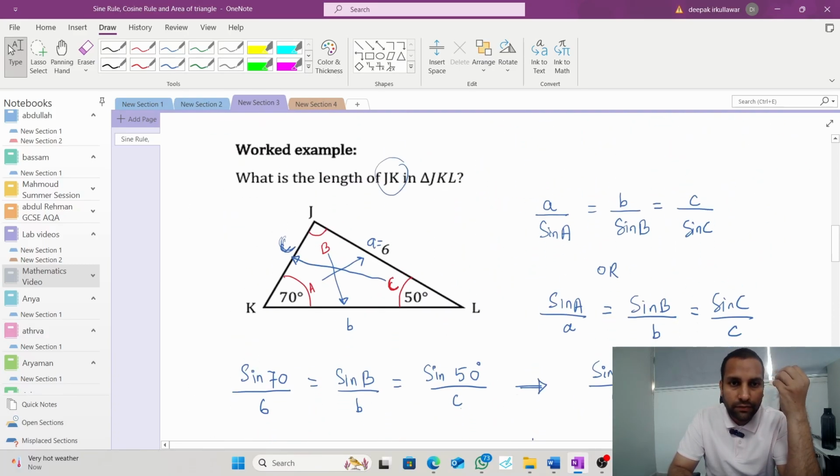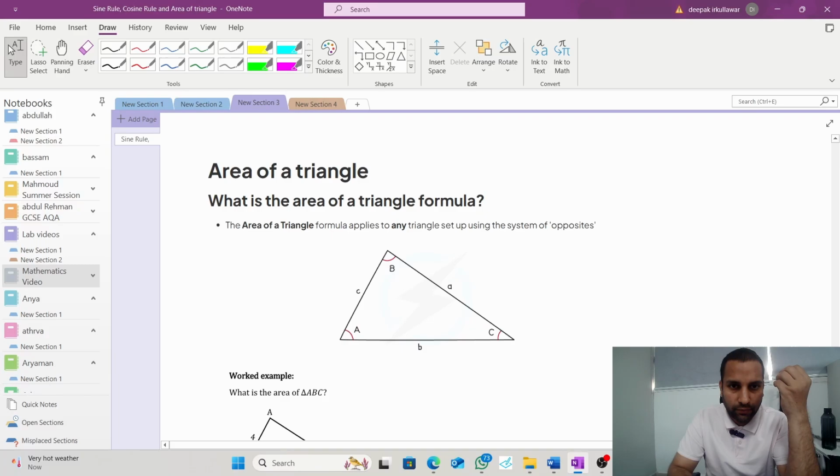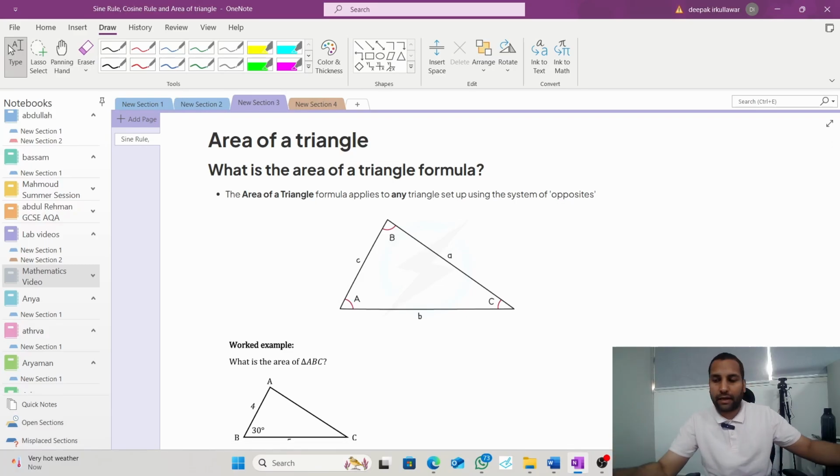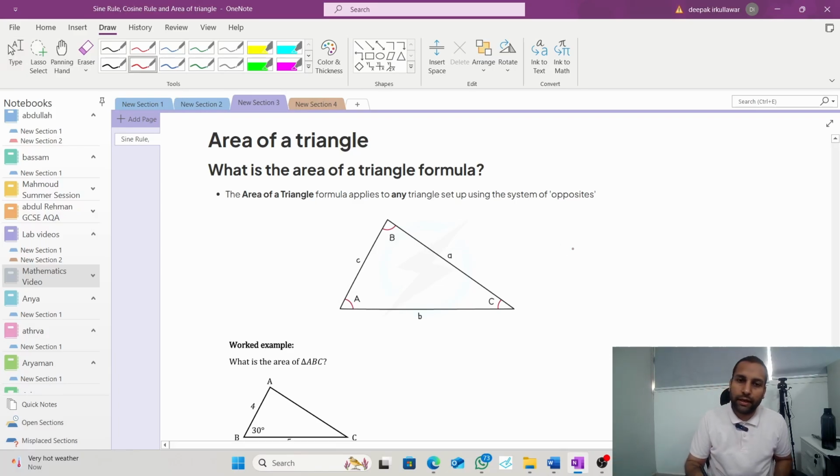Once you are done with sine rule and cosine rule, there is one more formula which is known as area of a triangle. How will you find the area of a triangle? For this formula, you are supposed to do the same thing.